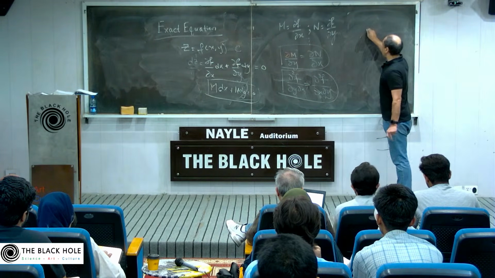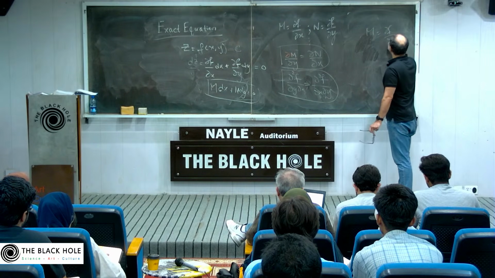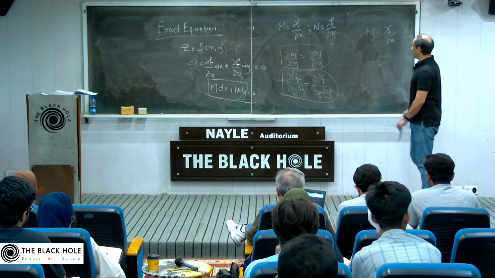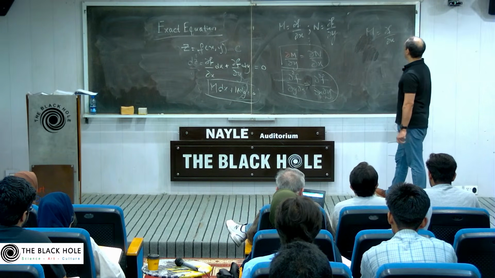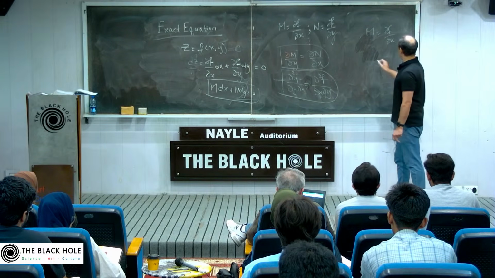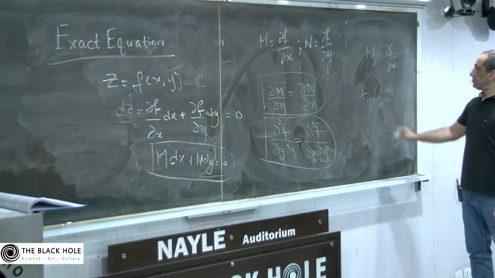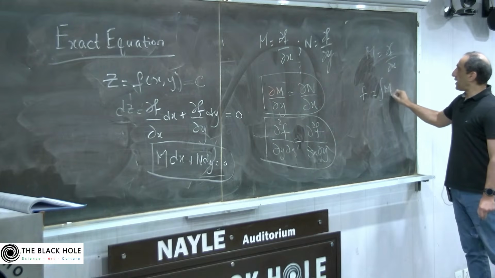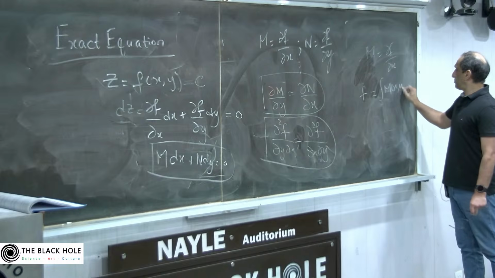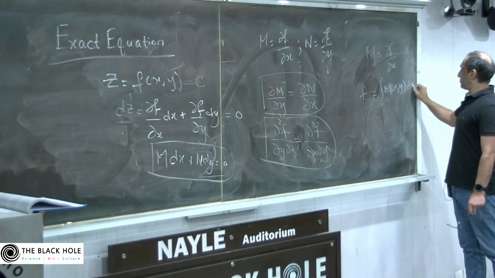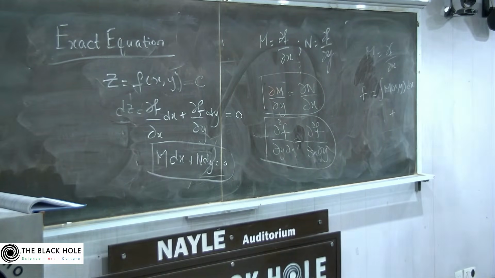So M is defined as ∂f/∂x. Now if I want to find f, what will I do? And M is a function of x, y. What would be here? Tell me. Function of y, good.